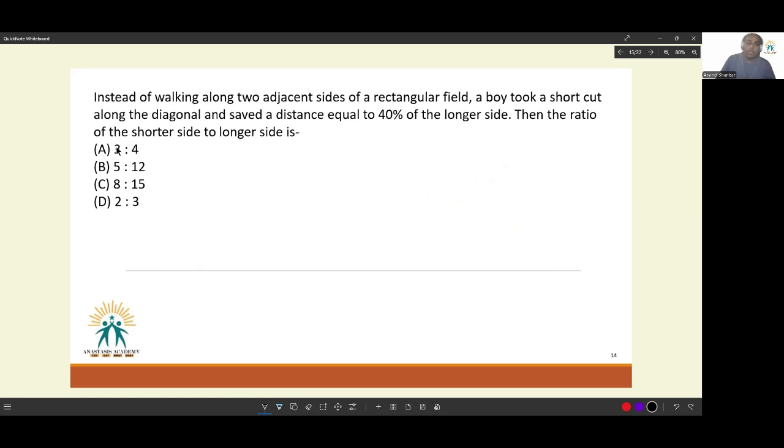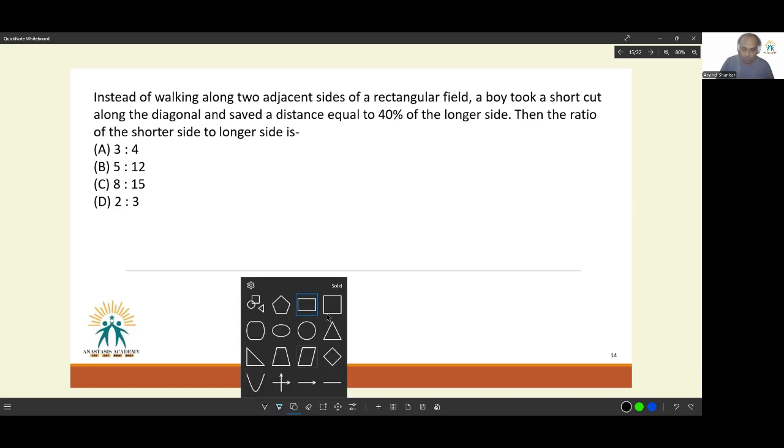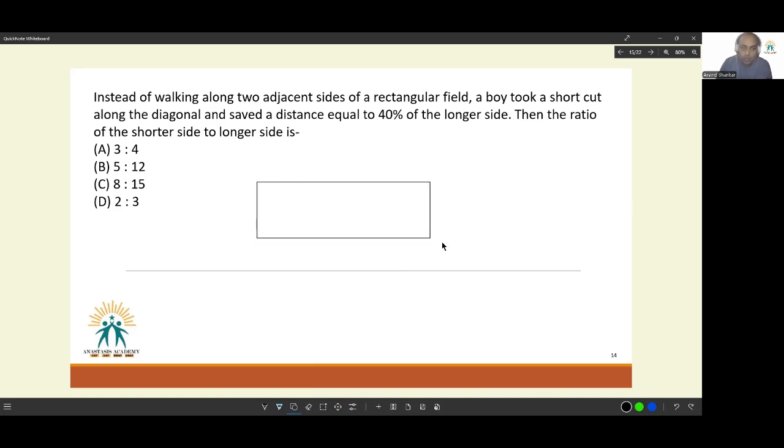Next, instead of walking along 2 adjacent sides of a rectangular field, a boy took a shortcut along the diagonal and saved a distance equal to 40% of the longer side. Okay. Now, let's say this was B, this was A. So this length here will be under root A square plus B square.